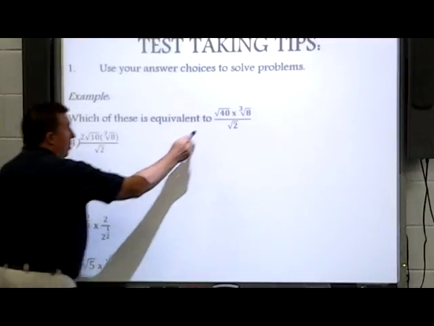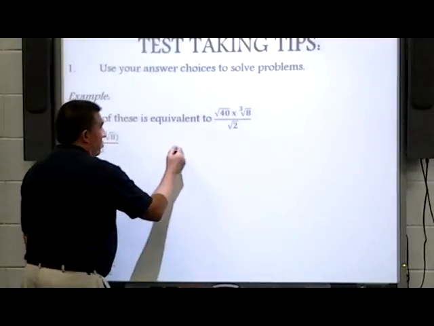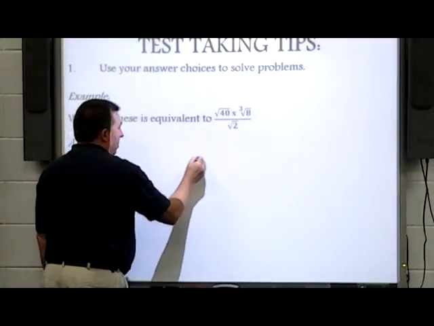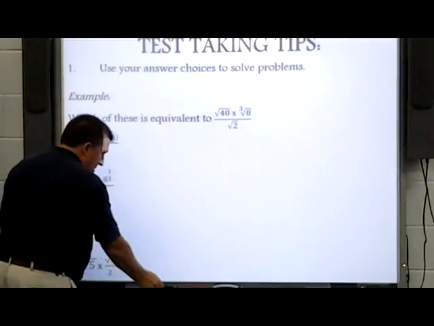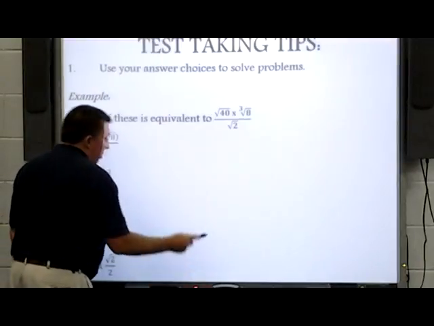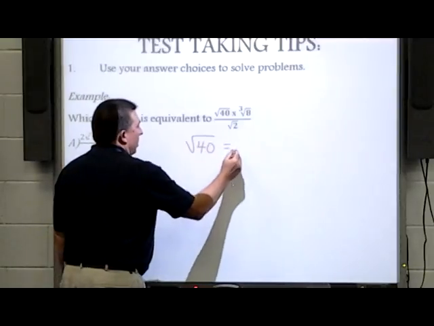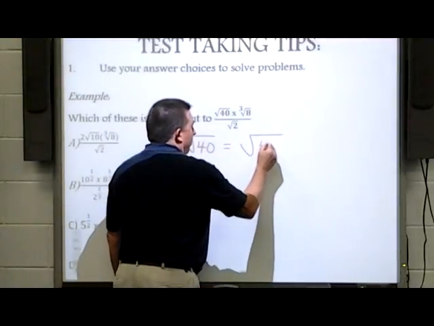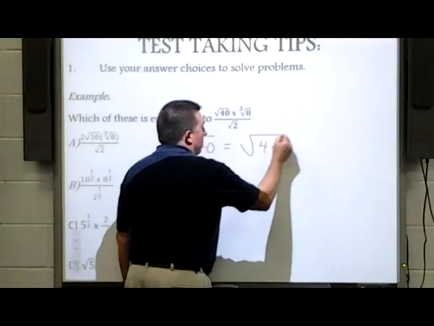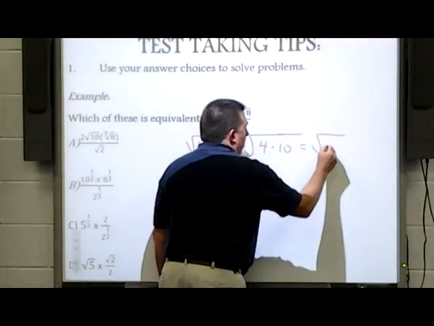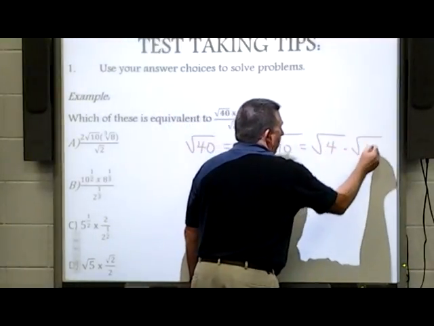If you looked at the square root of 40, that's the same thing as the square root of 4 times 10, which is the same thing as the square root of 4 times the square root of 10.